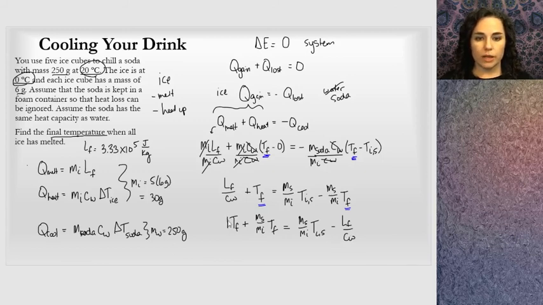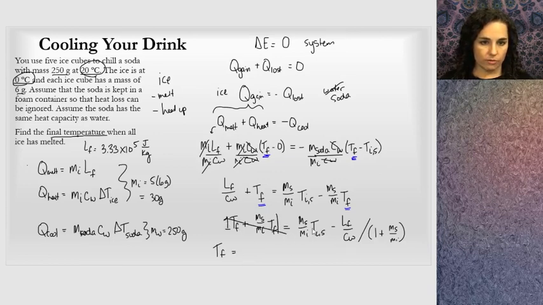Okay, so there's an implied 1 here, and I can factor TF, so I get TF times 1 plus mass of the soda over mass of the ice equals this stuff. I'm going to divide on both sides. So I get this divided by 1 plus mass soda over mass ice, and then that gets rid of those terms. I get this equation here.